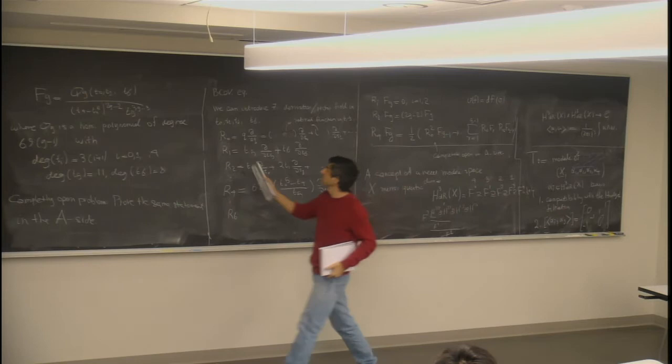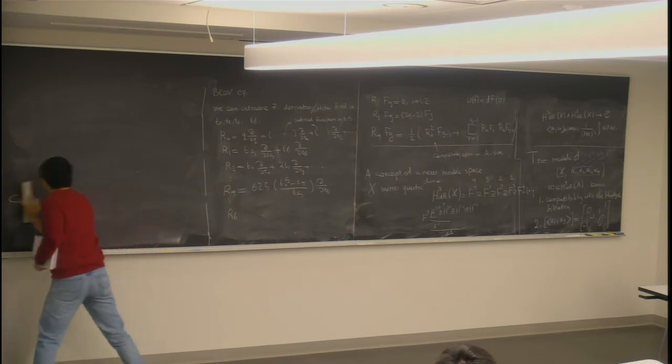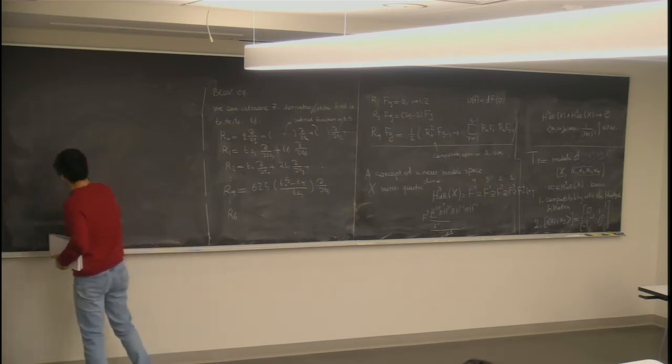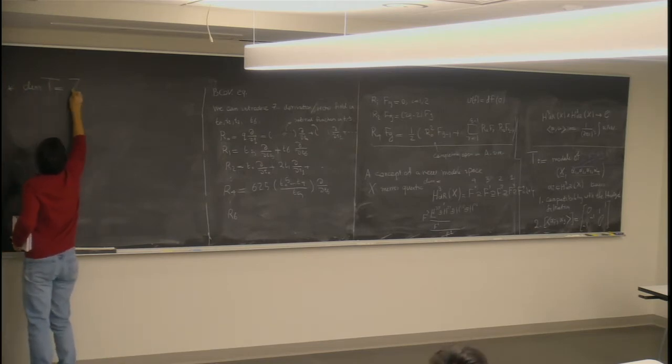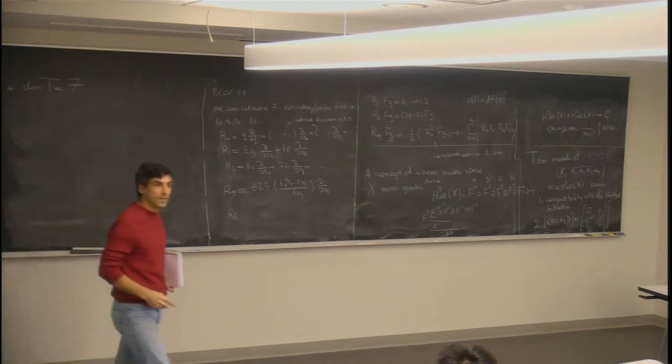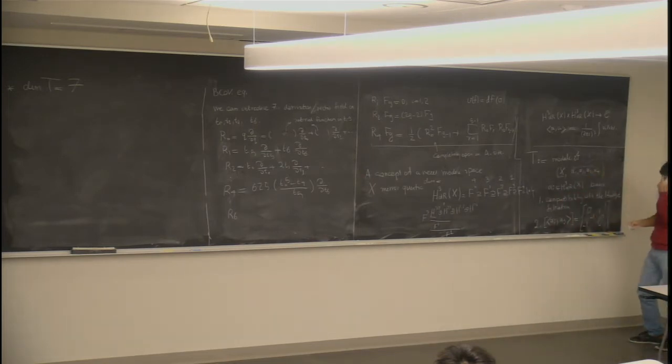You don't have full freedom of choosing a basis because of these two conditions, but still there are 6 dimensions in which alpha 1 to alpha 4 can move. So this is of dimension 7, and this is the same 7 that I was explaining in the beginning. After a lot of manipulations of periods, the idea is that this is the heart of all these period manipulations on the B side of mirror symmetry.